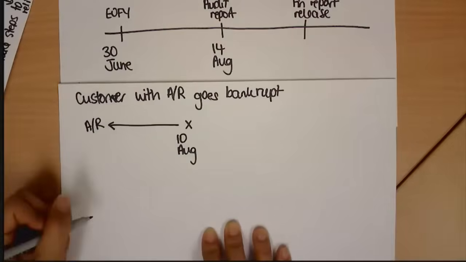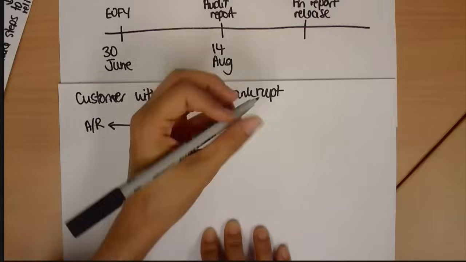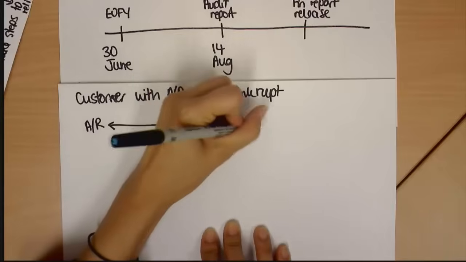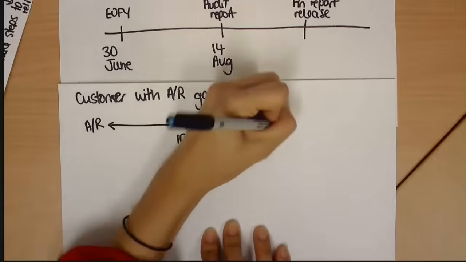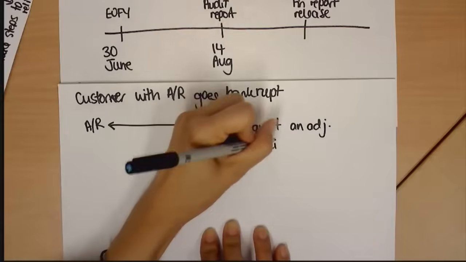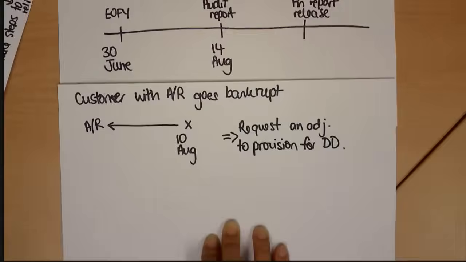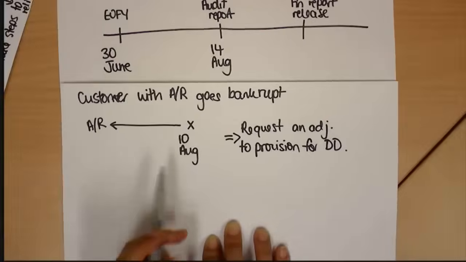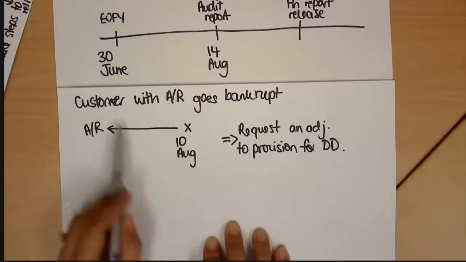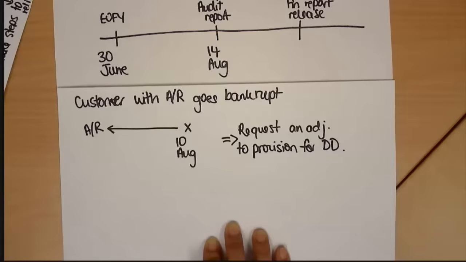So as a result, it does relate to the financial year in question, which means that the auditor must request an adjustment to the provision for doubtful debts. Now we might be able to get some funds back as the company is liquidated, but there should be a provision because now at that date, it's not likely to be able to recover all of those funds.